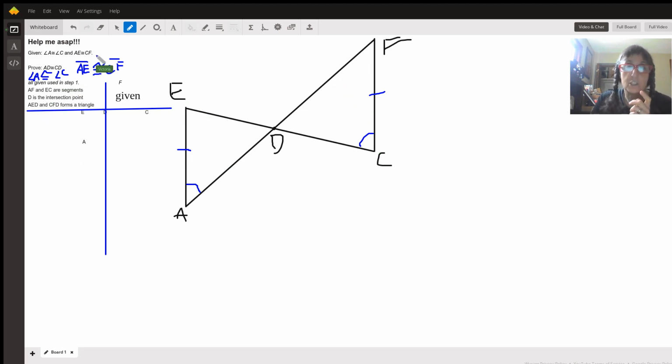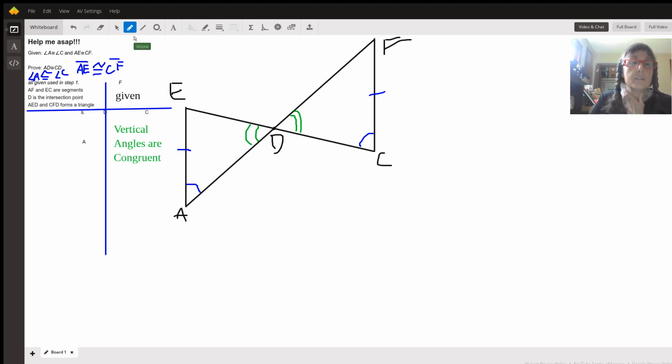Now, the first thing that I notice when I see this is that you have vertical angles. Right here, this angle is vertical with this one. And vertical angles are congruent. That's a theorem that you should have learned way early on, that vertical angles are congruent.